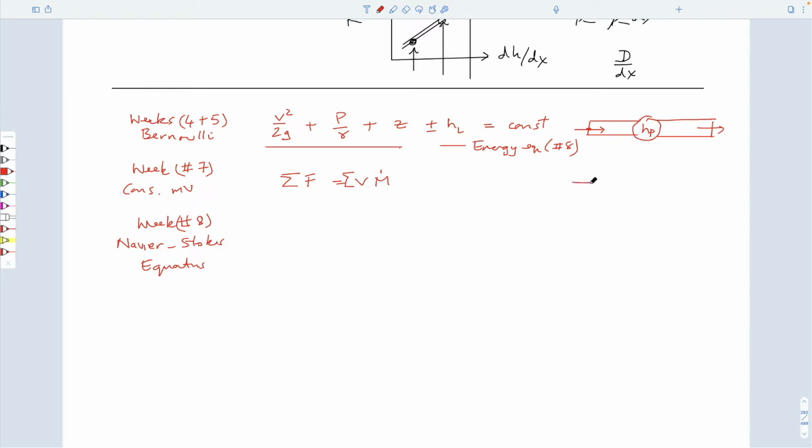The vane geometry was perhaps the most unusual geometry that we used. So this was conserving mass times velocity, with no energy loss. In other words, HL equals 0, because viscosity equals 0.